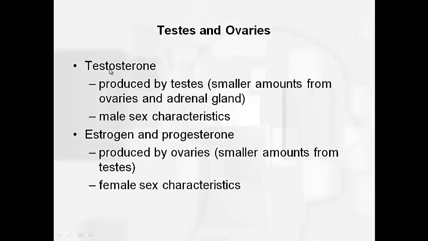We have then testosterone, produced by testes, which whenever it's released leads to the production of the secondary male sexual characteristics, such as facial hair, for example, and estrogen and progesterone produced by ovaries, which leads to the development in the body of female sexual characteristics, for example, development of breasts.